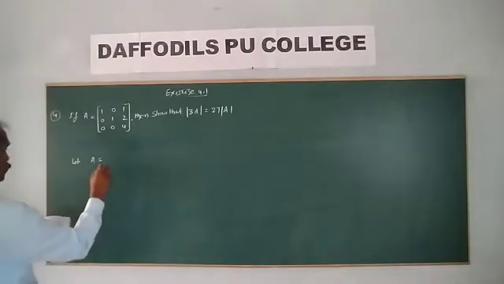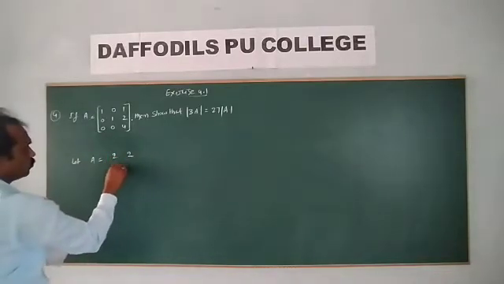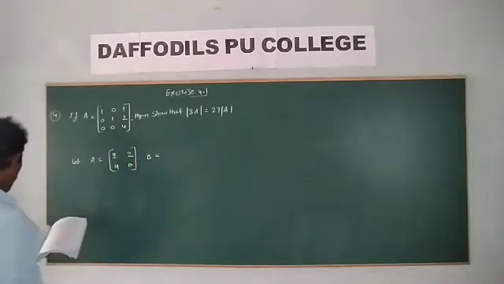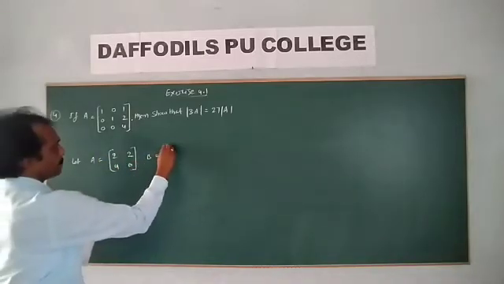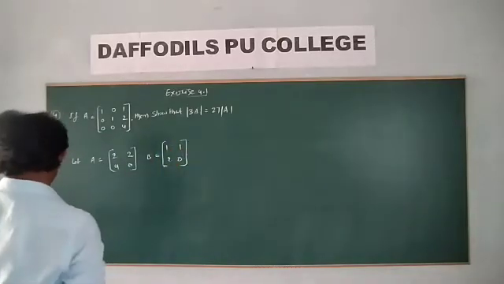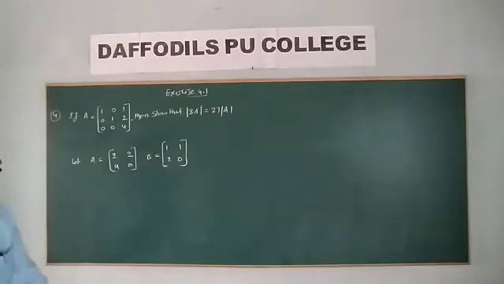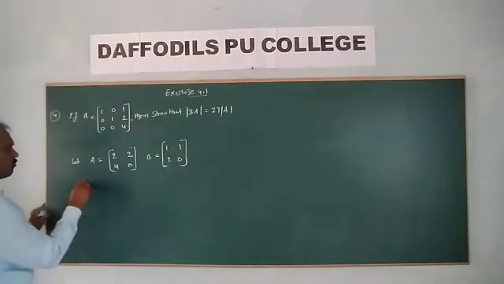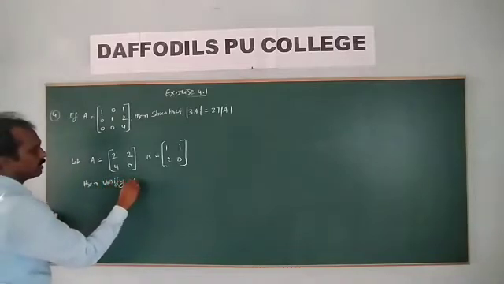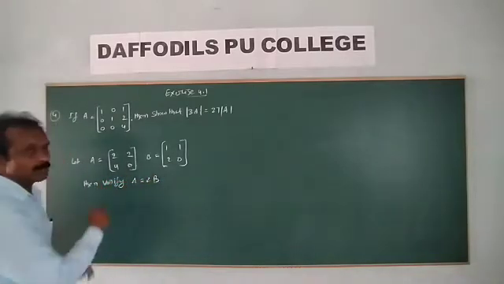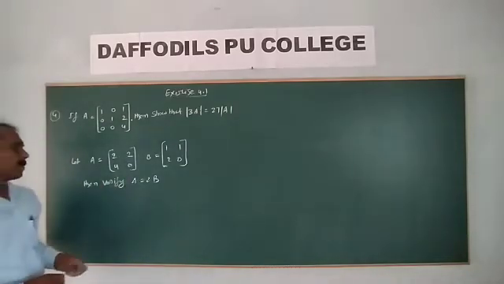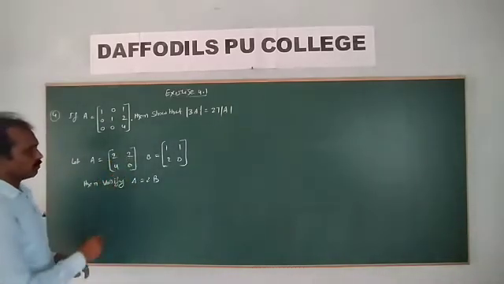Let A is equal to [2 2; 4 0], B is equal to [1 1; 2 0]. Then verify A is equal to 2B. Let's see. A value is [2 2; 4 0].